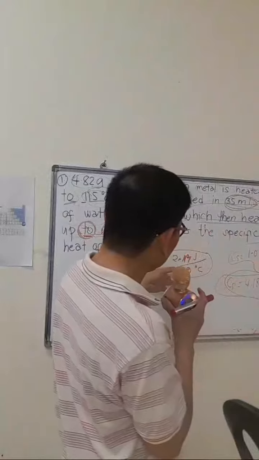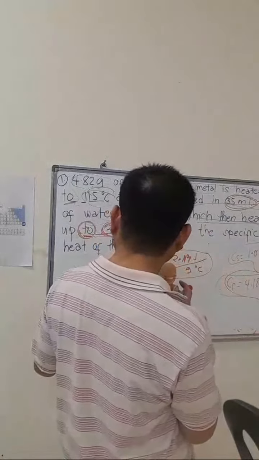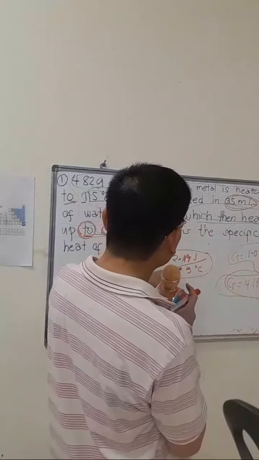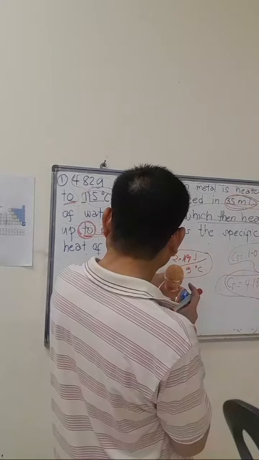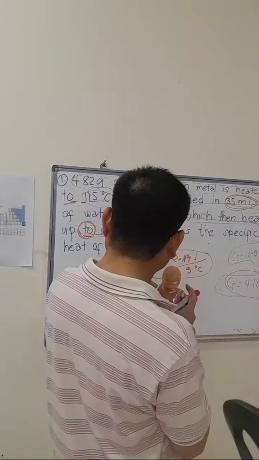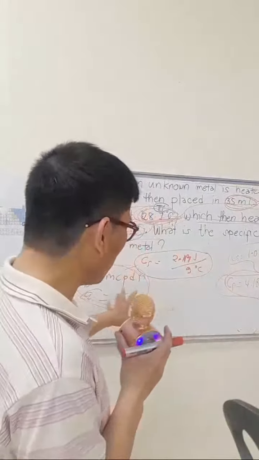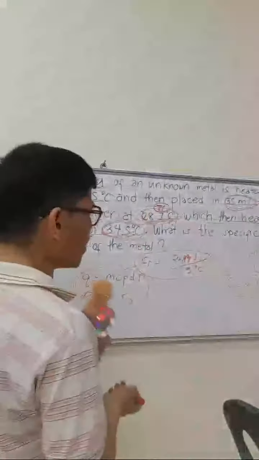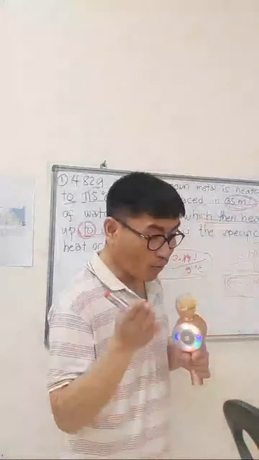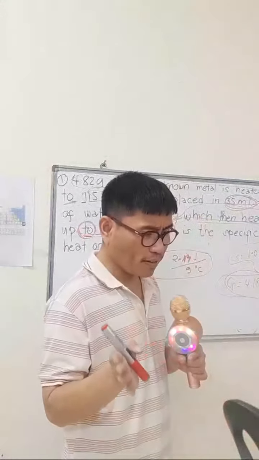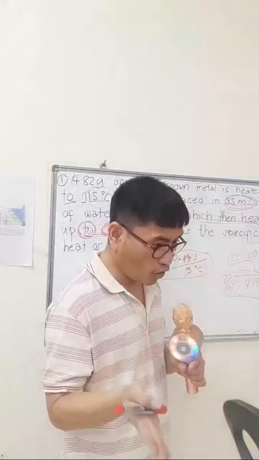Lower specific capacity means it also requires lower heat to melt compared to the water. Okay, this is theory. But take note, guys, all elements have lower specific heat capacity than water.